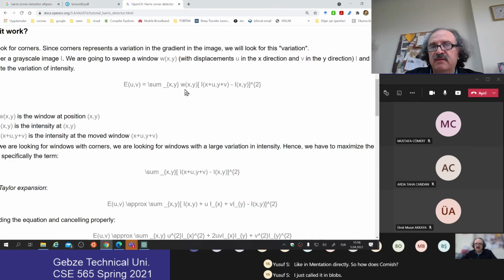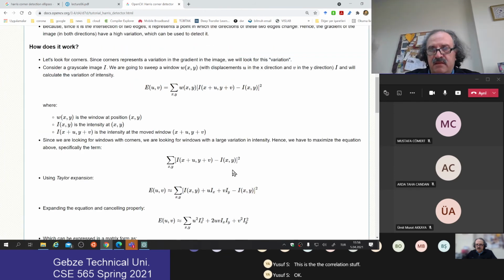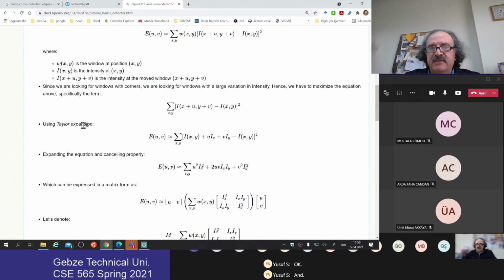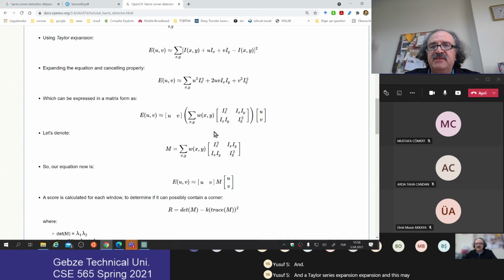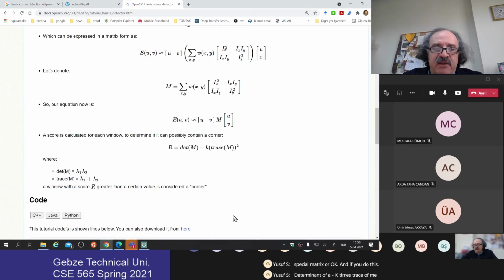This is the correlation stuff, and Taylor series expansion, and this matrix is a special matrix. If you do this, determinant of M minus k times trace of M squared gives the R value. K is a constant, 0.03 or something like that.